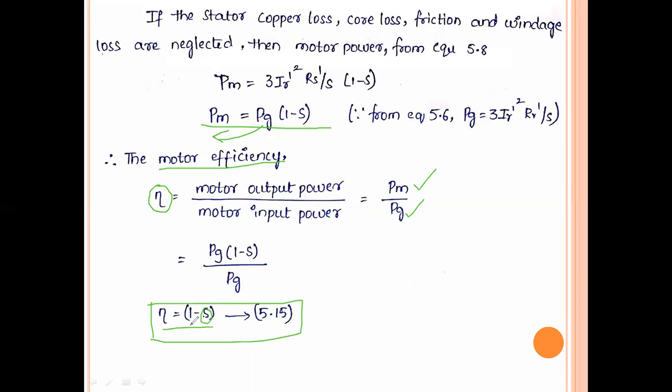The reduction of speed by stator voltage is possible only when some of the power is wasted on the rotor part. That means the efficiency is decreased due to the loss that happens on the rotor part, because of rotor resistance.